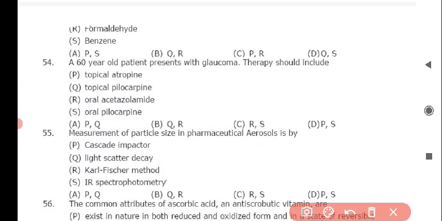Next question is, a 60-year-old presents with glaucoma, therapy should include P. Topical atropine, Q. Topical pilocarpine, R. Oral acetazolamide, S. Oral pilocarpine. And the correct answer for this question is option B, Q and R, that is topical pilocarpine and oral acetazolamide.